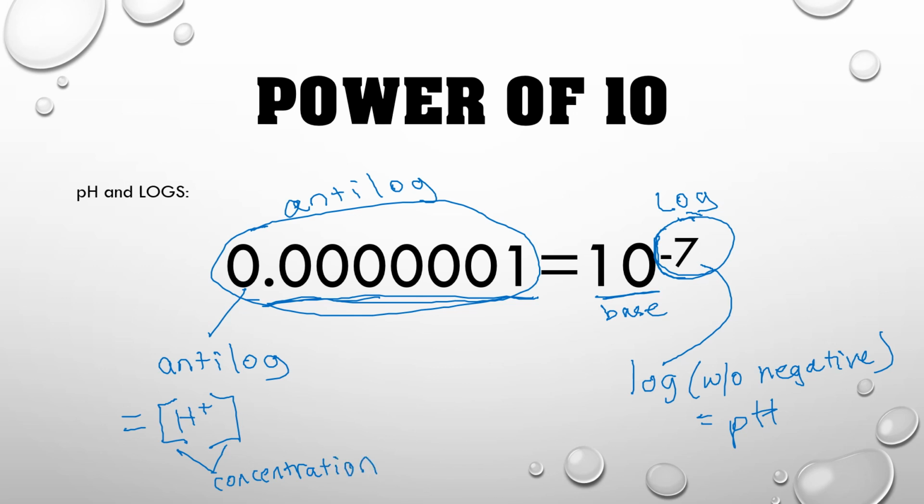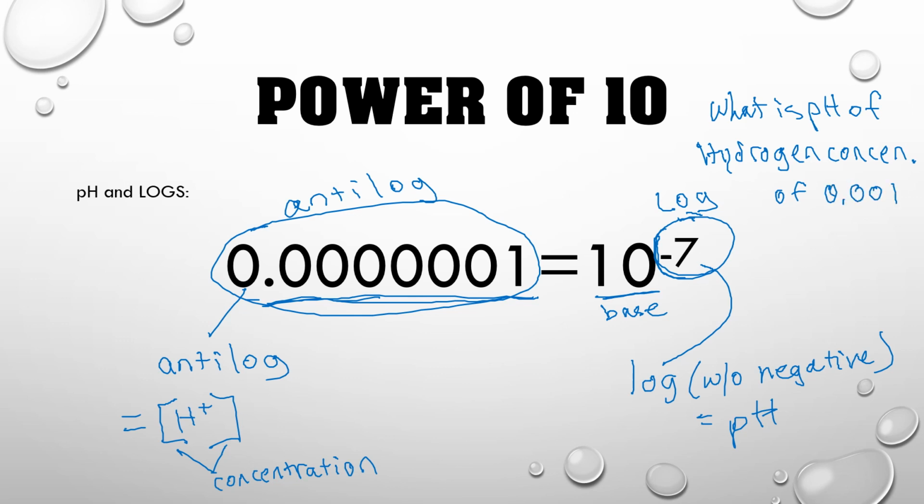So you're going to see problems like: what is the pH of a hydrogen concentration of, I don't know, 0.001?